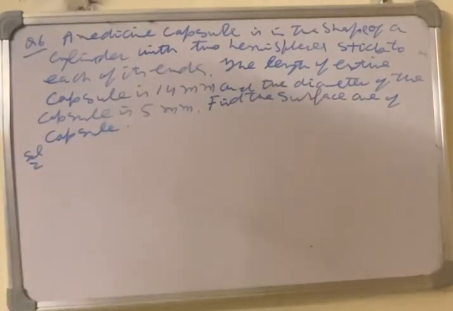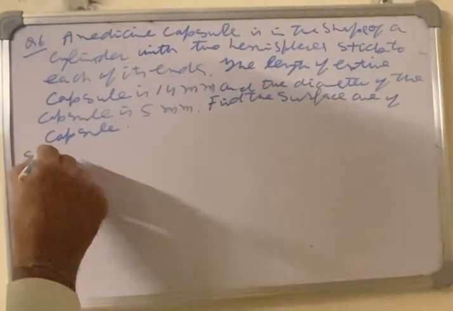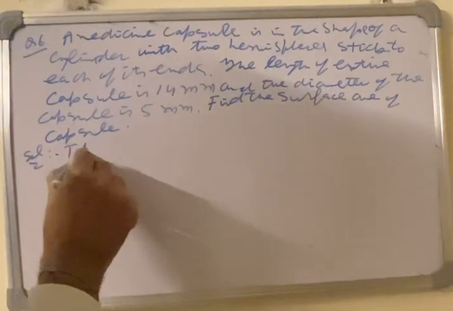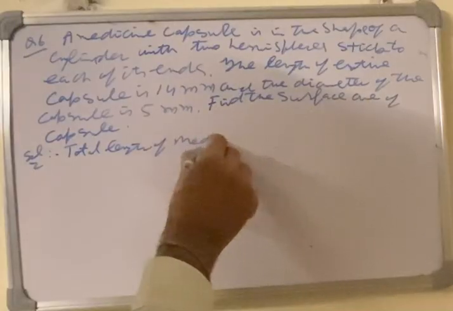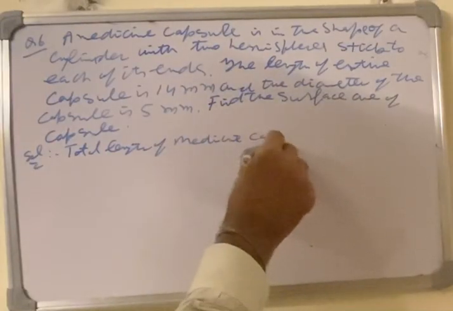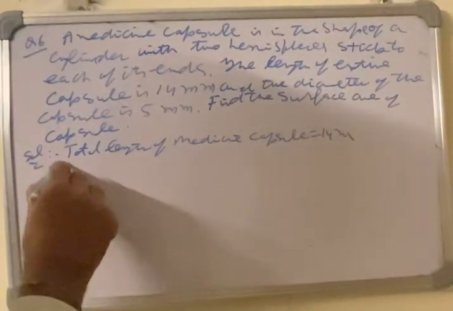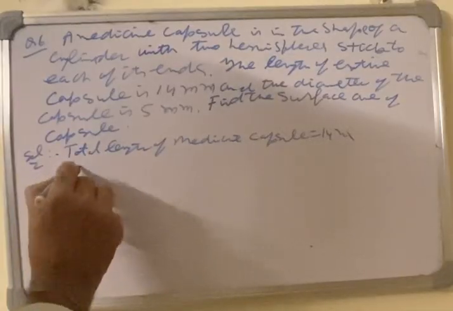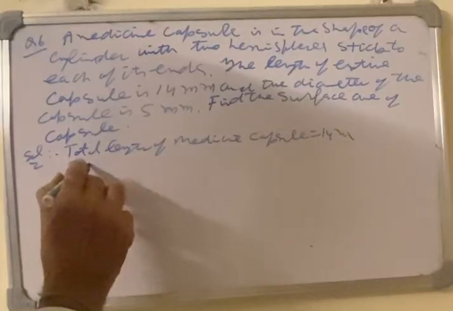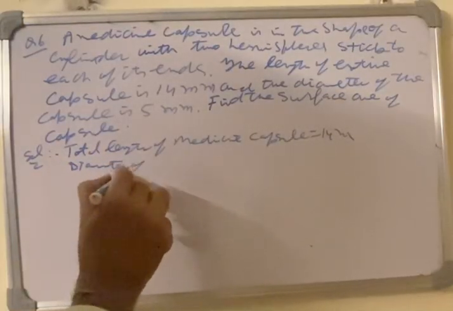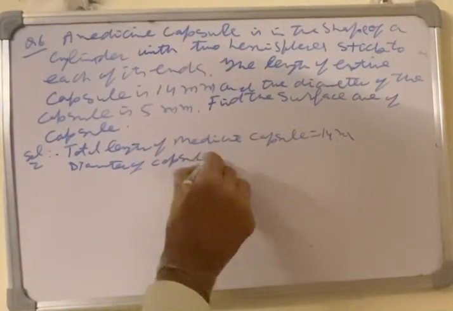Solution. Total length of medicine capsule is 14 mm. Diameter of capsule is 5 mm.